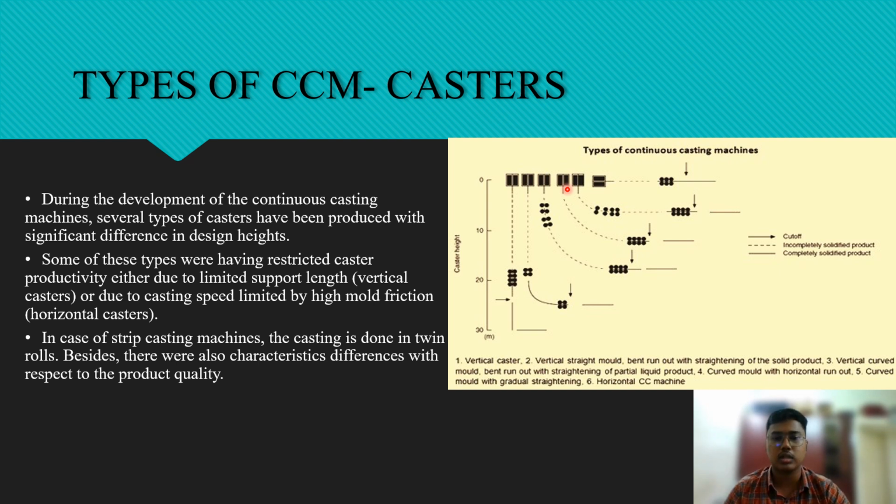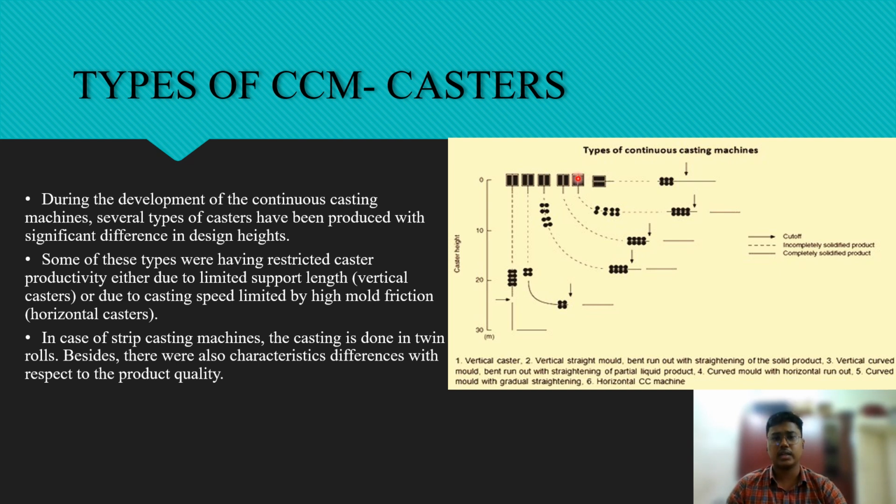Fourth one, curved mold with horizontal runout. Here the mold is completely curved with a horizontal runout, where the incompletely solidified part is sent in the curved mold and the output of the solidified product is in the straight horizontal runout. Then the next one is the curved mold with gradual straightening.